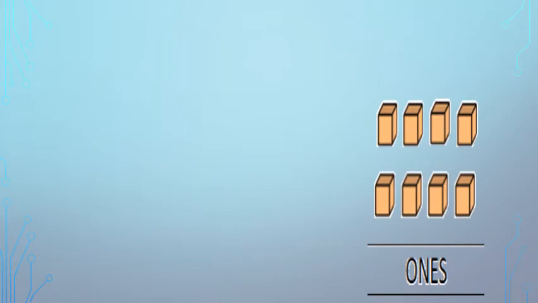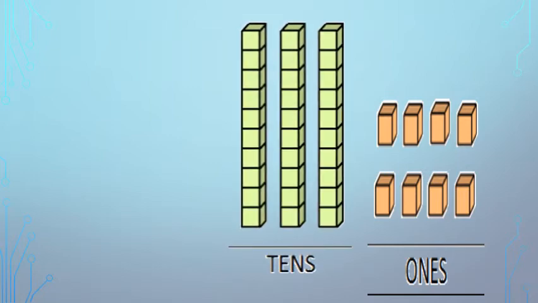Now students, see this. This is ones because one box is there and separated. See how many are there? 8. Correct? 4 plus 4, that is 8. Up to 9 we call them ones or units. Then this is tens because in one group there are 10 boxes.